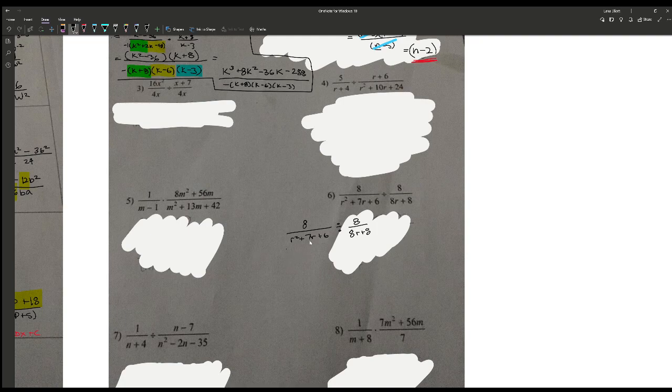So we are going to have r plus 1 times r plus 6, and that is going to be 8.